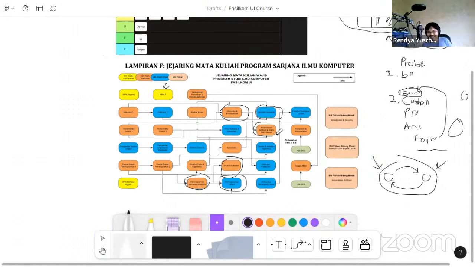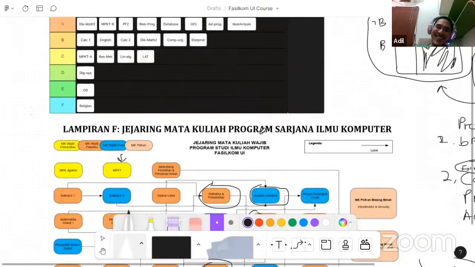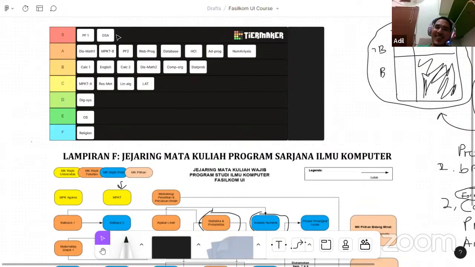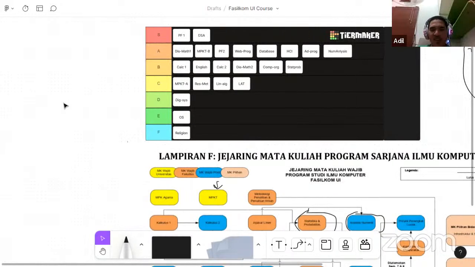Next one, for this artificial intelligence, I'm going to say S, right? Well, at least A. I guess not F. For me, it was like magic, not magic, but a black box.